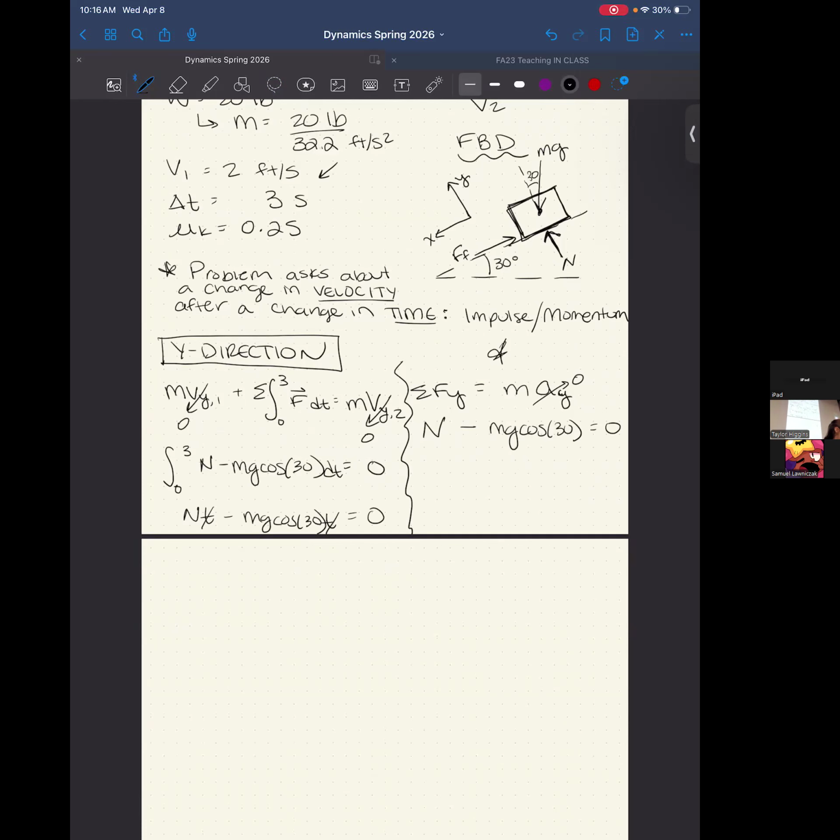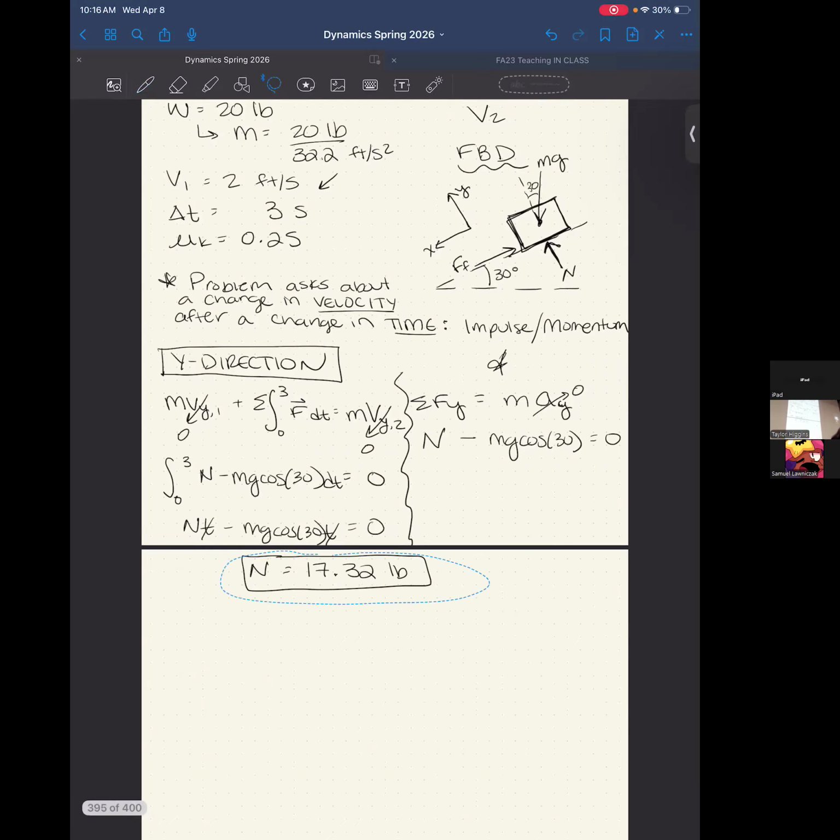All right, what did we get for N? 17.32. Very good. Pounds. Yep. Either way you do it, this is what you get. But kind of neat that you can use impulse momentum to get the same thing.